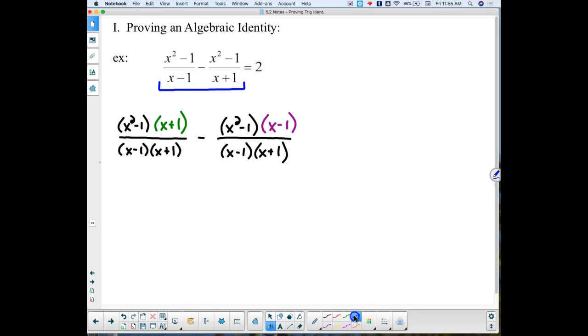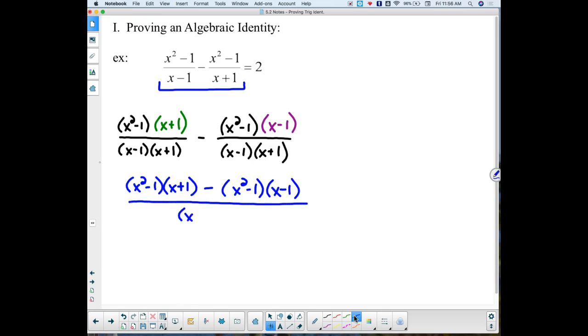Then I can combine the tops, still over my common denominator.